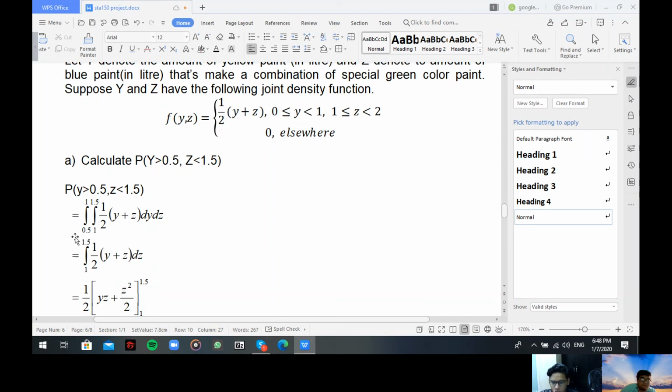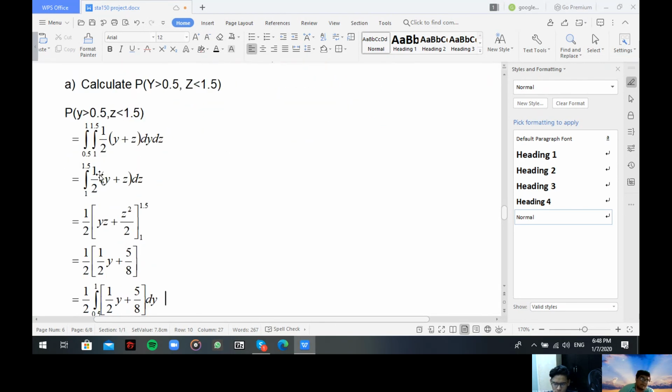So it will start from 0.5 to 1 because the maximum of Y is 1. And then the second one is 1 to 1.5, because it starts with 1 and it will end with 1.5. So you integrate one by one.